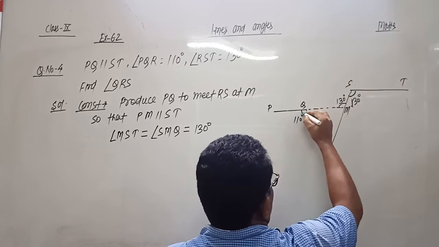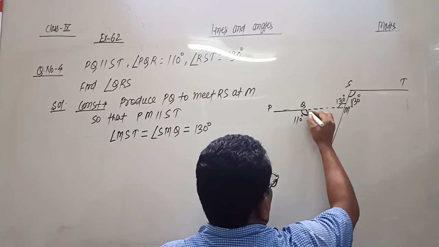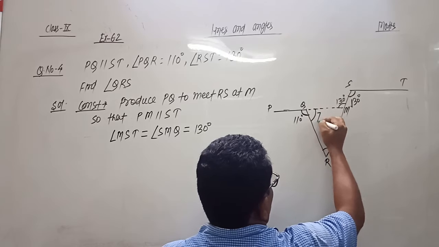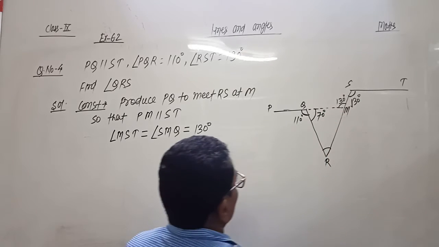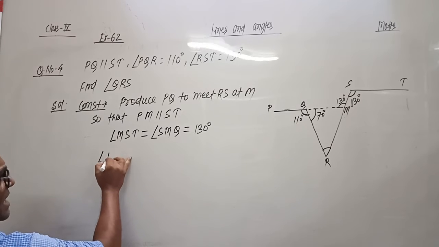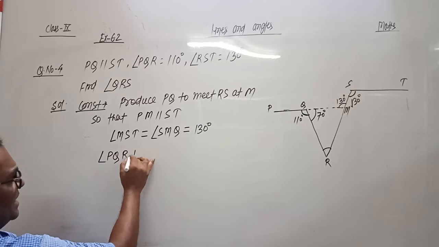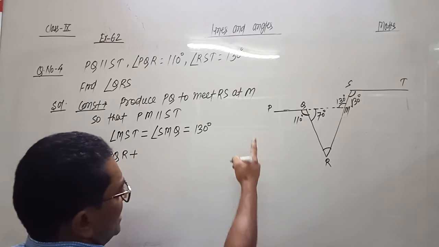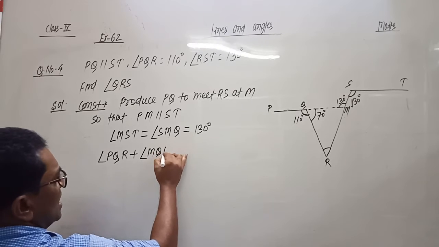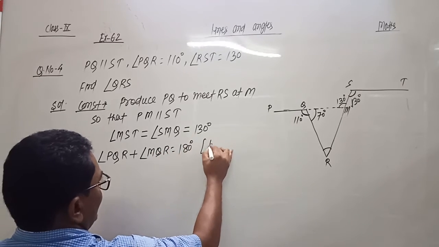So if this is 110 degree, then this is a straight line, and from linear pair, this angle will be 70 degree. So angle PQR plus angle MQR equals 180 degree by linear pair.